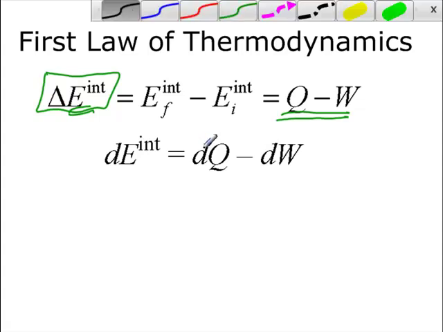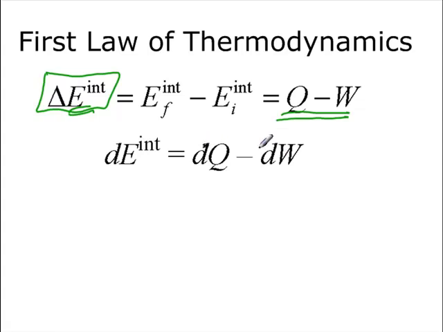A couple of comments. Because heat and work are both process variables, not state variables, they're associated with a process, not with the state that the system is in. We can't really call them true differentials. dQ is not, there is no heat variable that you're taking a differential of.